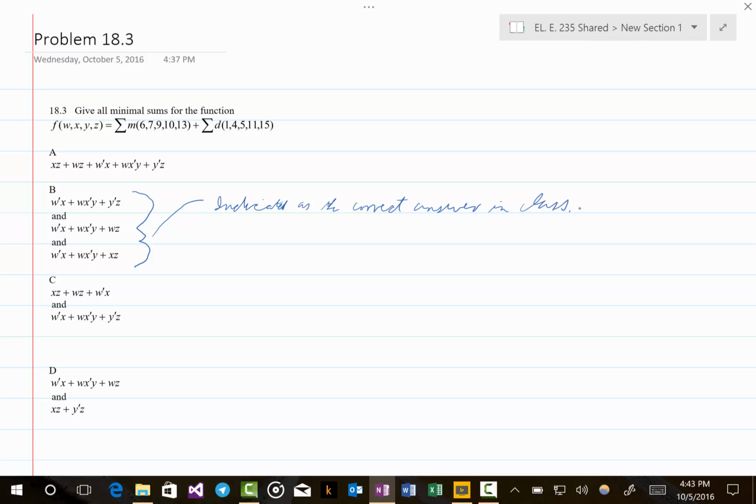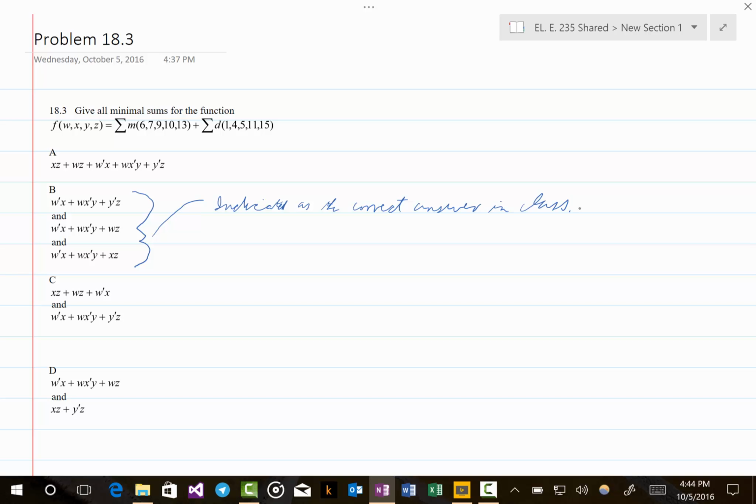You might recall that I made the key available to everybody today for this problem and also for problem 18.4. And on that key, I indicated that answer B was the correct answer for problem 18.3, but actually it has an error, and I want to make sure you understand the error.